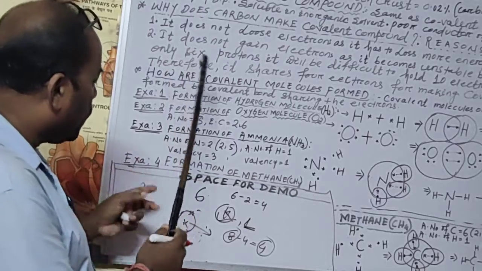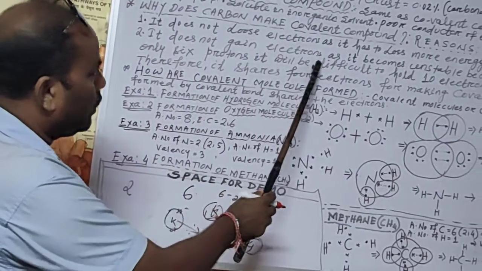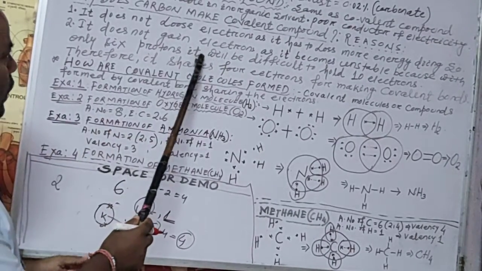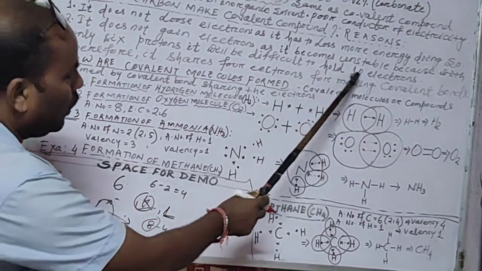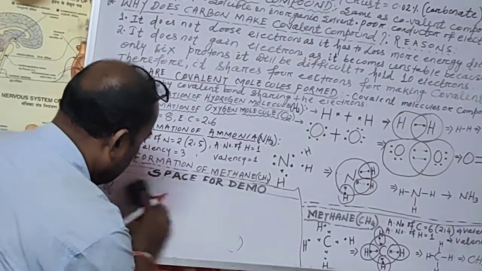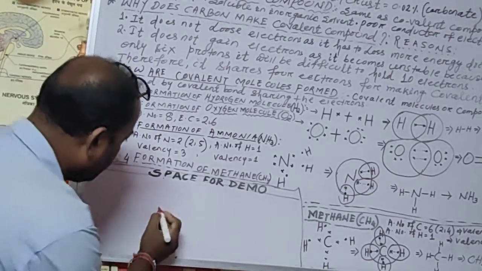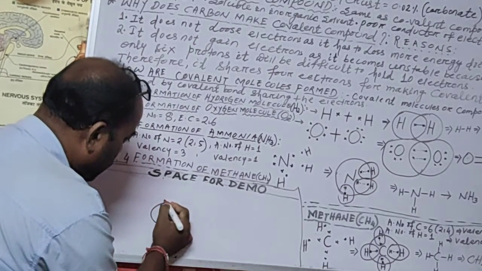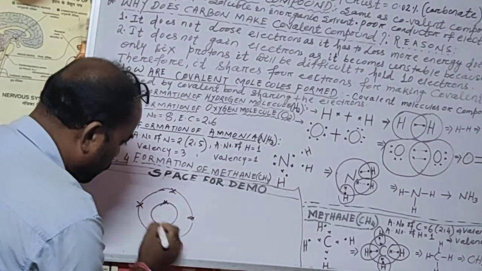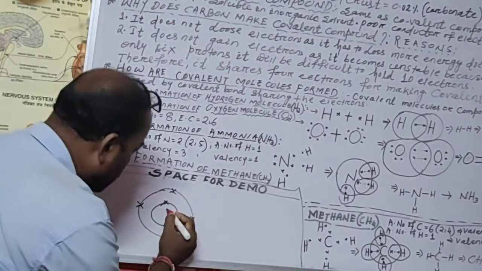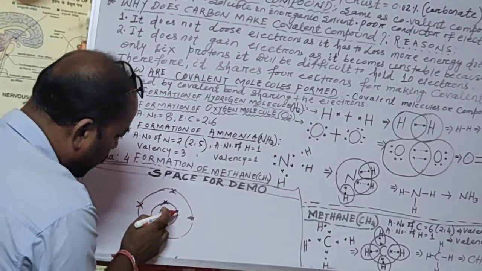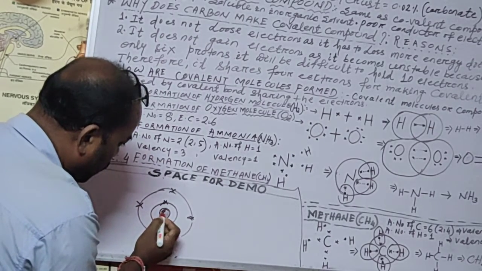Second, why can it not gain also? It does not gain electrons as it becomes unstable, because with only 6 protons it will be difficult to hold 10 electrons. You see, once again I am showing here the carbon atom: the first shell has 2 electrons, the next shell has 4 electrons, 2 plus 4 is equal to 6. Inside the carbon atom there is a nucleus, and inside the nucleus there are two things, one is proton, one is neutron.